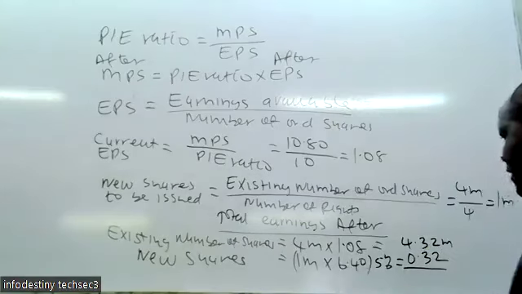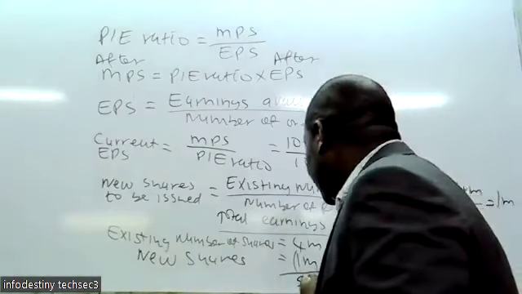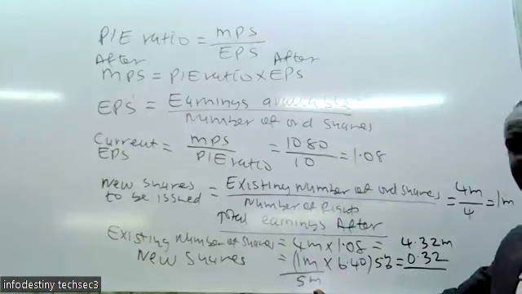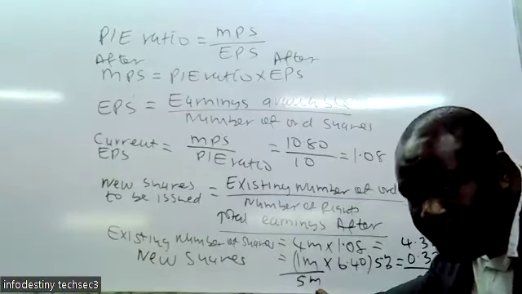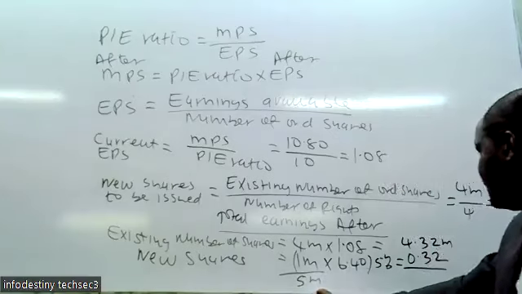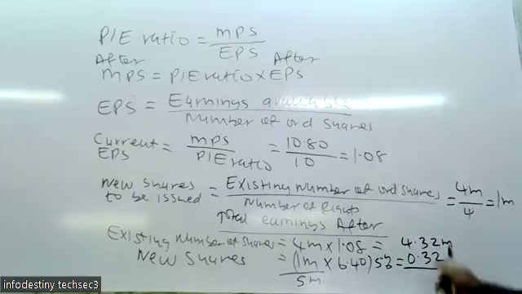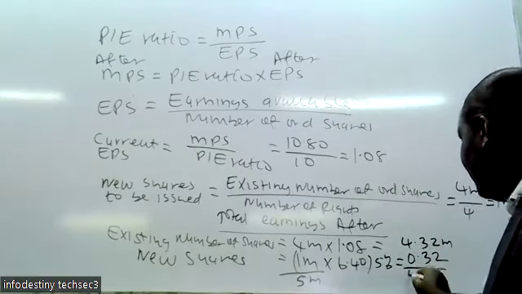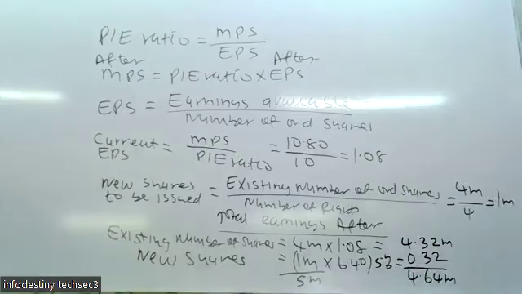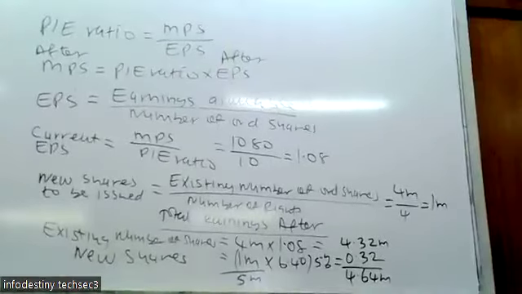So when you add, 4 million shares plus 1 million will give you a total of 5 million shares. Then this one will give you 4.64. So that is our earning per share.